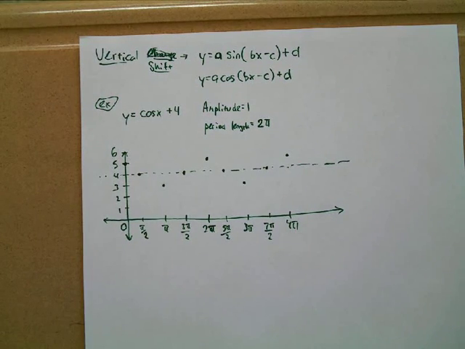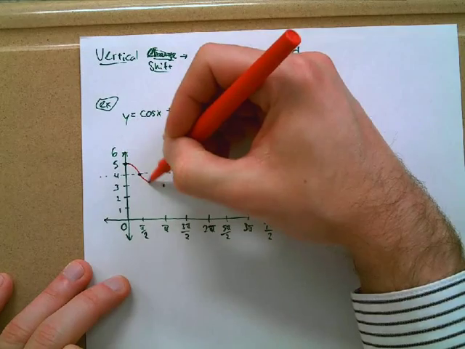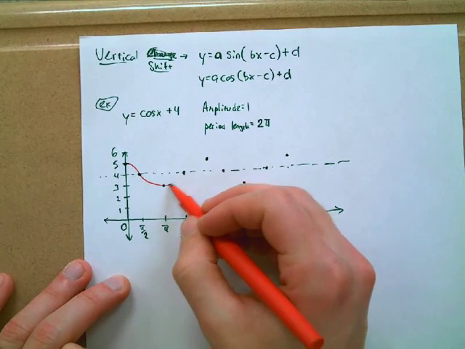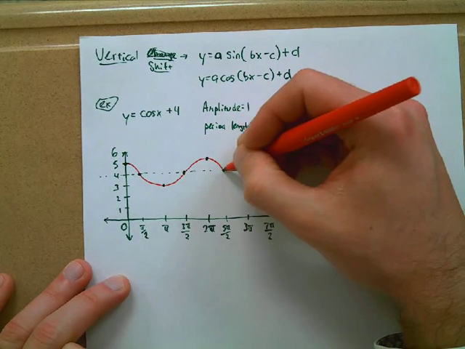Just like that. There it is. And again, I'll put the dotted lines there to indicate it keeps going, but we just grab 2 full periods. And there it is. Shift it up 4.